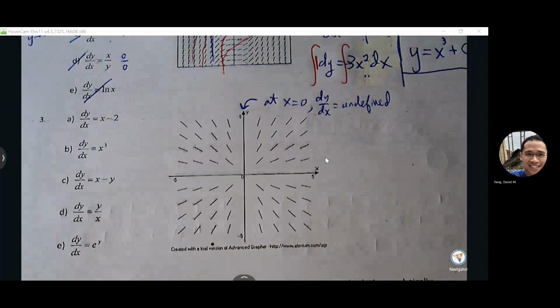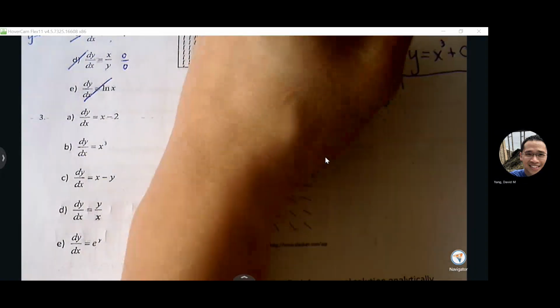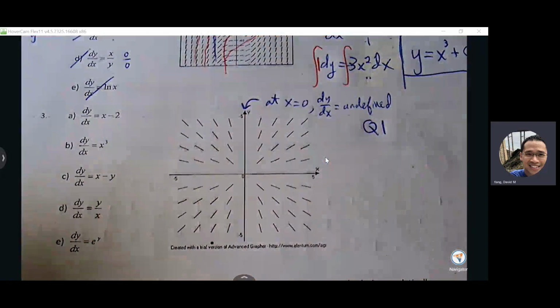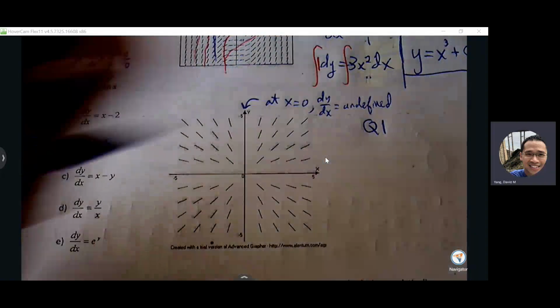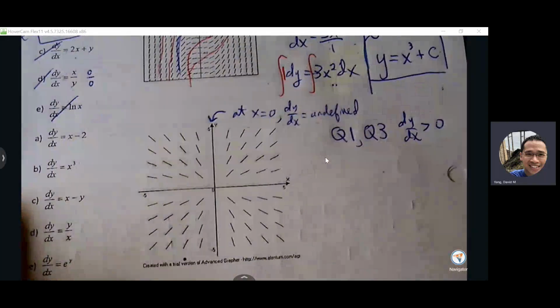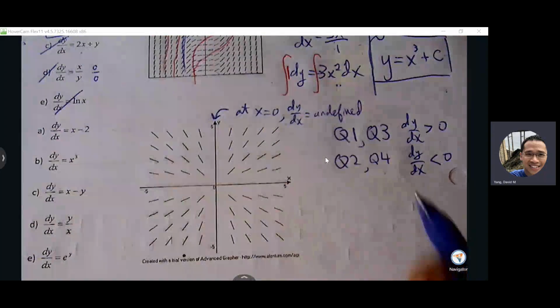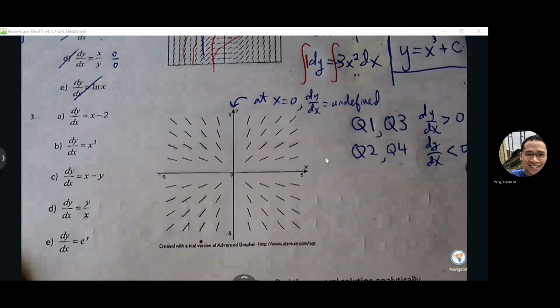Right. So I want to list out some general observations. Are there any observations you can make about the quadrants? Yeah, so in quadrant 1 and quadrant 3, I'm getting slope what? Positive slopes, right? What about quadrant 2 and quadrant 4? Basically, if I choose any ordered pairs in these regions, I should get these characteristics.